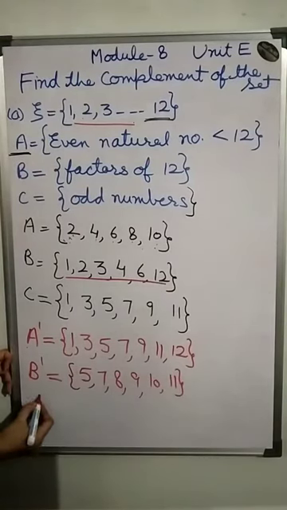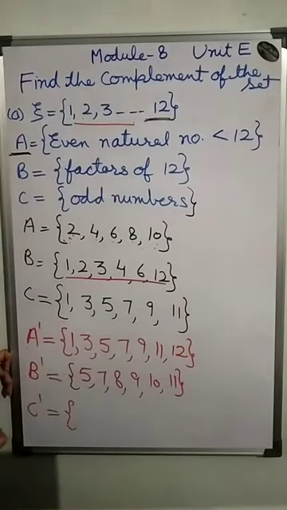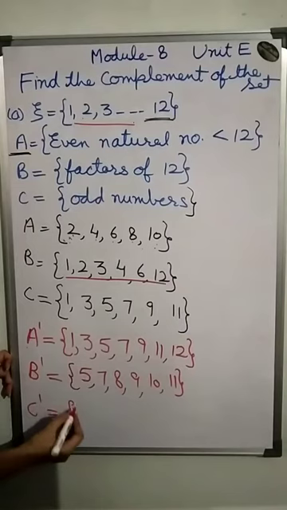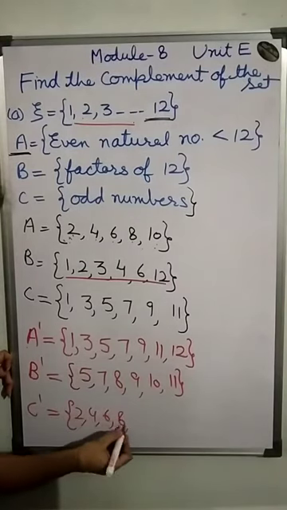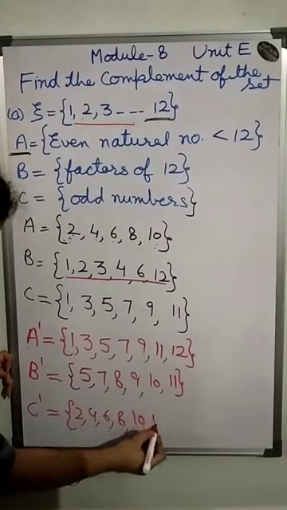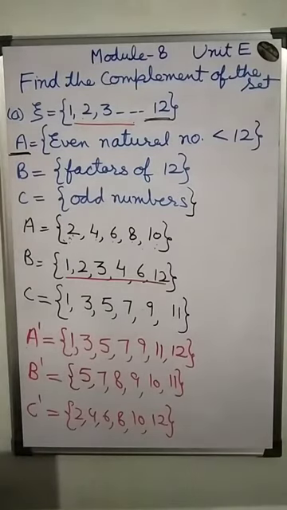And C dash is 1, 3, 5, 7, 9, 11. It means these are all odd numbers, so we write down the even numbers: 2, 4, 6, 8, 10 and 12. So these are the complements of A, B and C. Okay.